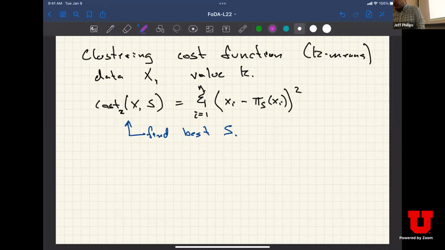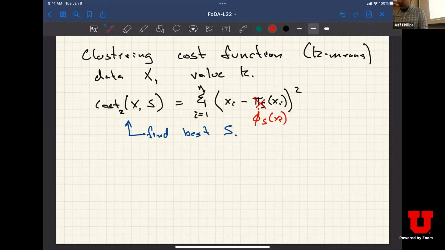In fact, I'm going to change this and use a different notation, but basically the same thing. We're going to use phi of x, a lowercase phi. This is going to be a projection function, but it's going to take a different form.